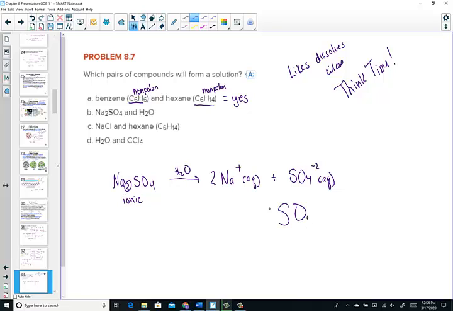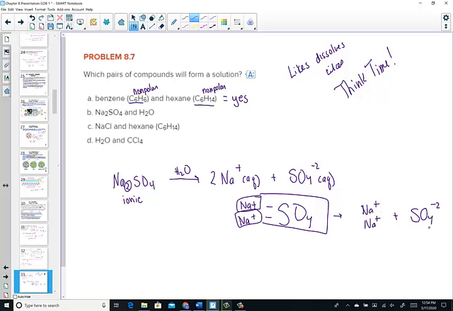Remember, sulfate with its -2 charge requires 2 units of sodium to balance the charge. So we have 2 aqueous ions of sodium that dissociate, Na+, Na+, and a sulfate aqueous ion. So there's a total of 3 ions released. But yes, it will form a solution. It is a water-soluble salt.